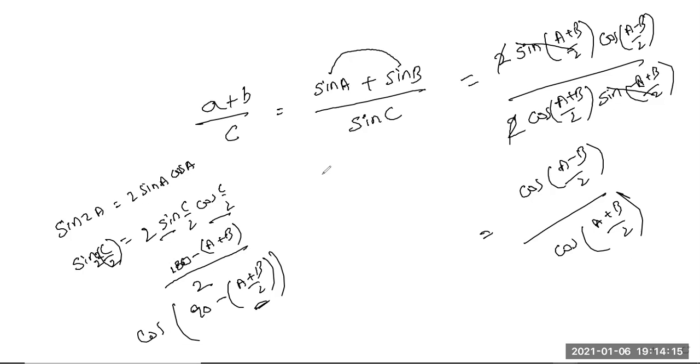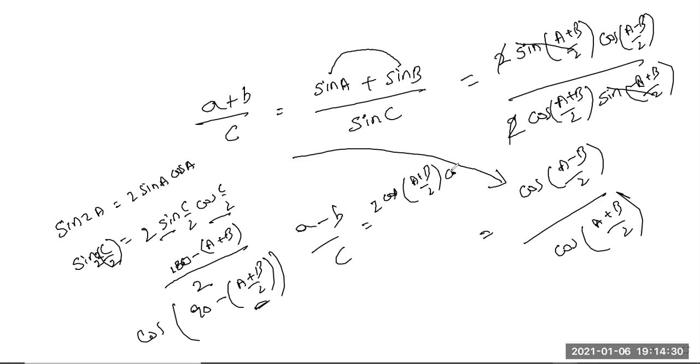If you do (A minus B) by c, you will get 2 cos of (A+B)/2 and sin of (A minus B)/2 in the numerator, and in the denominator 2 cos of (A+B)/2 sin of (A+B)/2. The cos of (A+B)/2 cancels, and you are left with sine by sine.